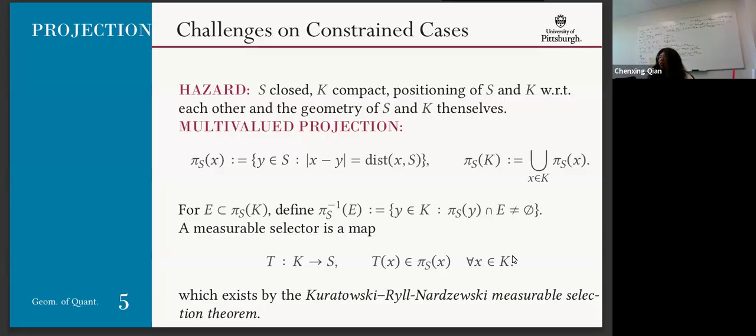The constrained case relies on two ingredients: one is the constraint set S, and the other is the support of P, denoted K. The positioning of S and K with respect to each other, and the geometry of each, really matters.